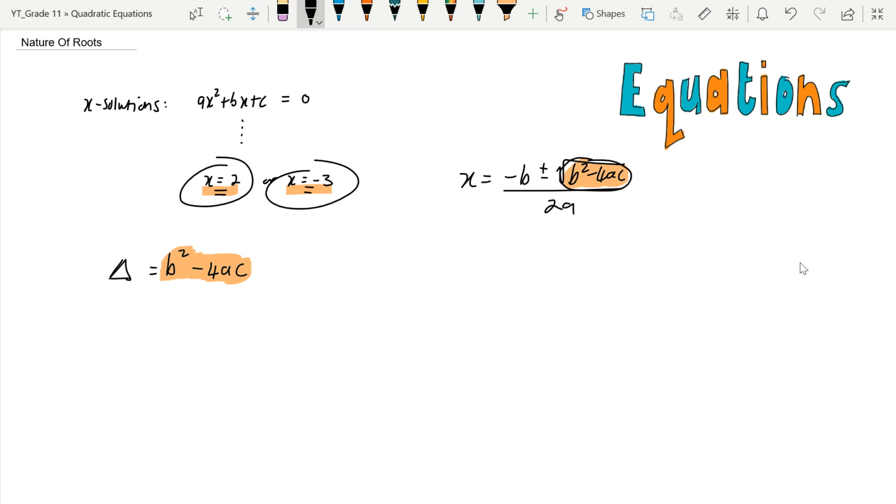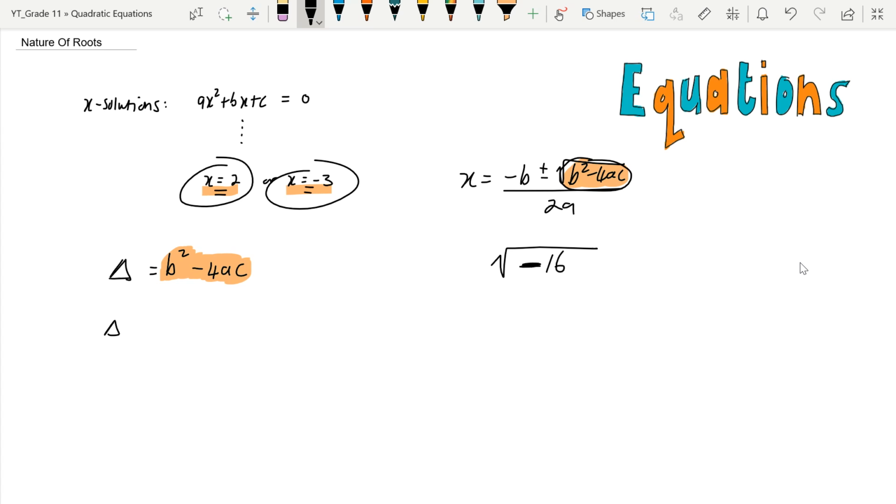Because remember, underneath the square root, we don't want the square root of a negative number. That will give us non-real numbers. Your calculator would give you something funny. So when you land up with a negative underneath the square root, there will be no real solutions. We can't find that. So there's the first thing.